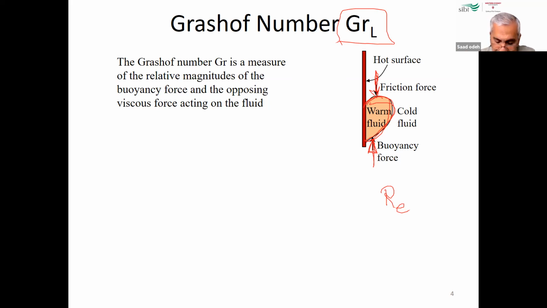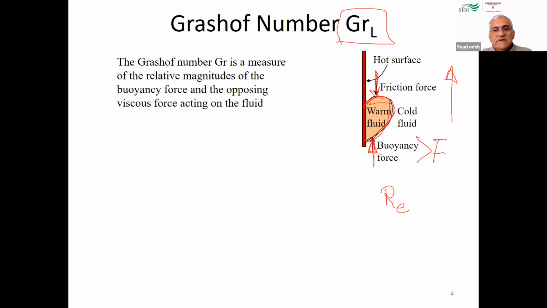So in this case, if the buoyancy force is greater than the friction, we expect that there will be movement of the fluid upward. Okay, this is what actually happens in natural convection, because the buoyancy force of the fluid is higher than the viscous force or the friction force acting on the fluid.